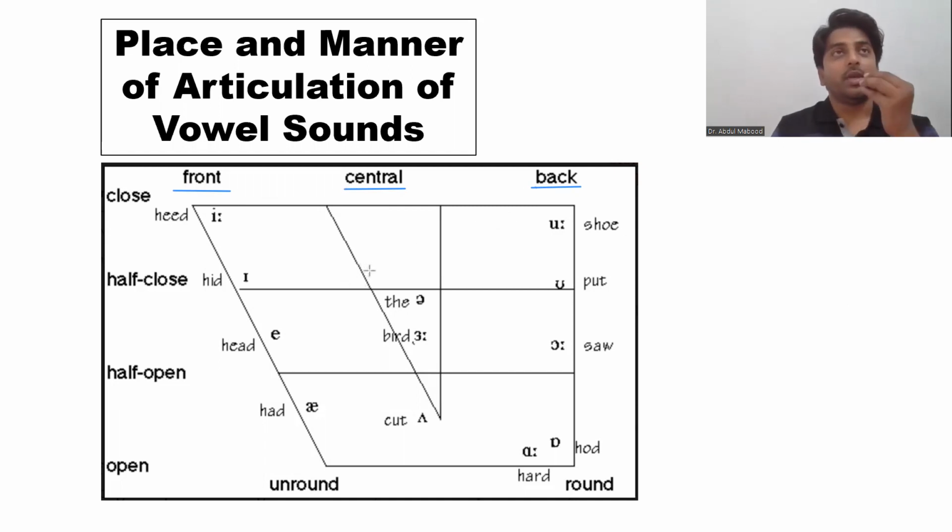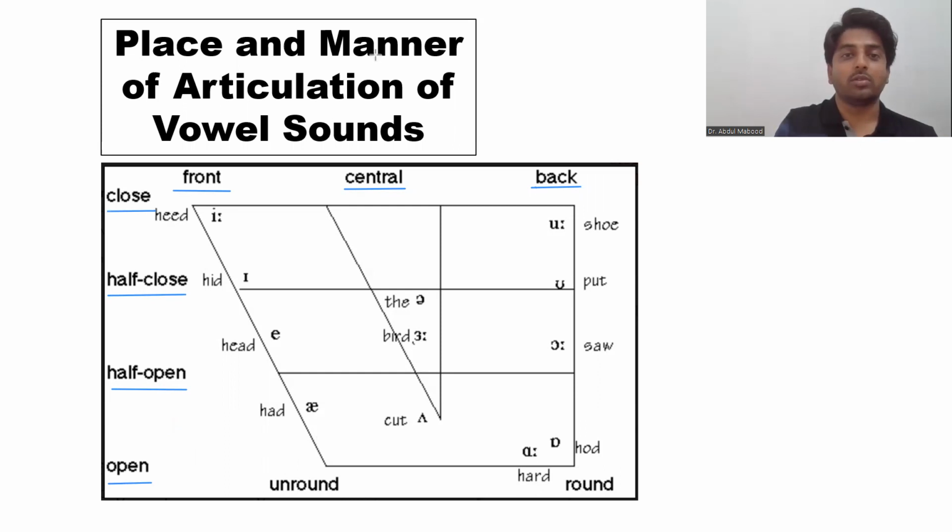Now when we speak, our mouth takes many shapes. Sometimes it's closed, sometimes it's open. So read these things here on the left side: close, half close, half open, and open. Now we will discuss one more thing regarding the shape: round.